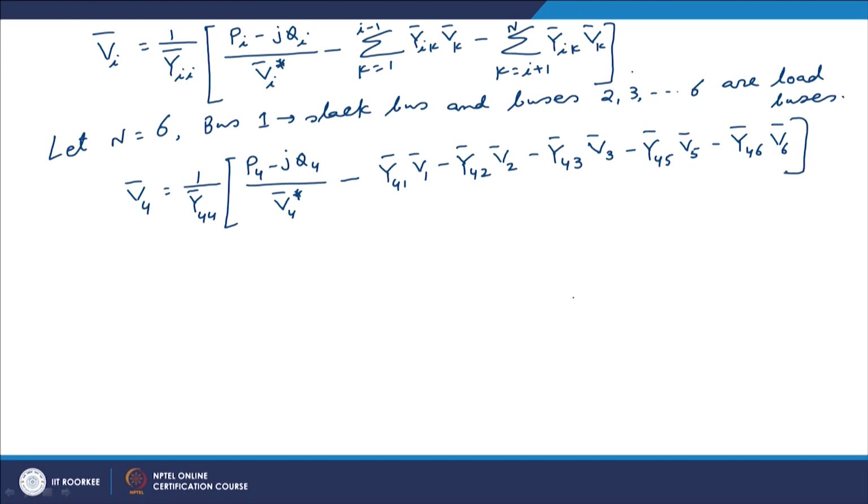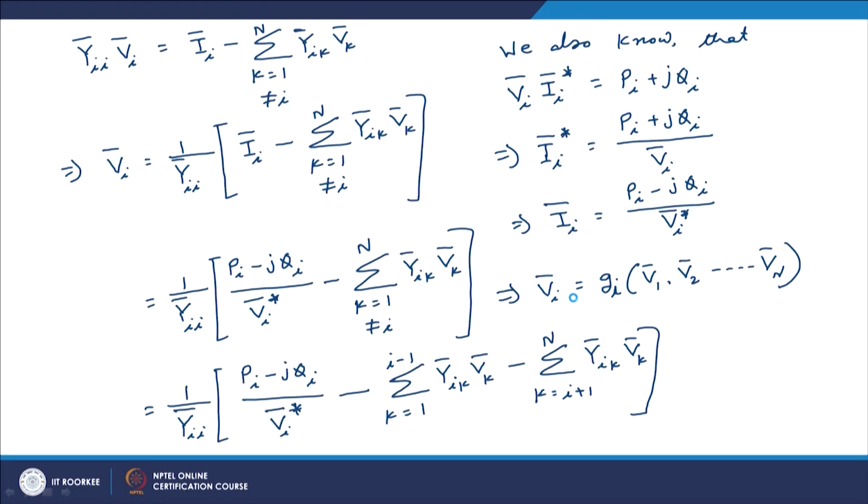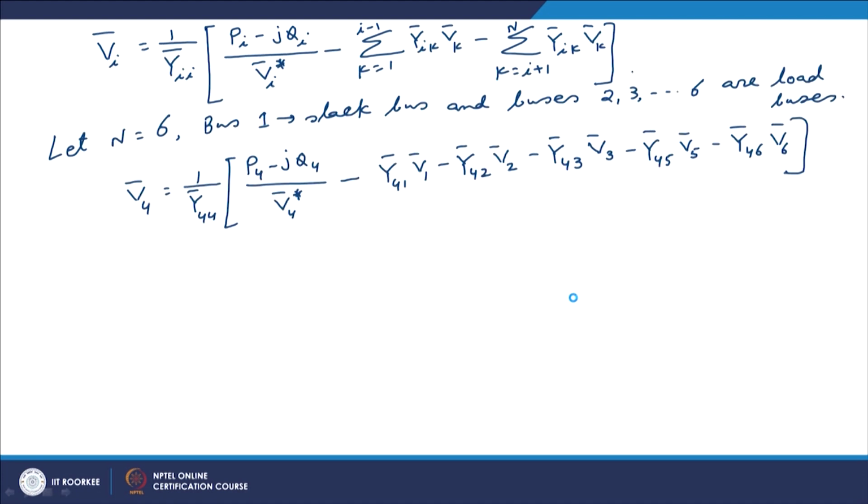So, this equation we have written following this expression. Now, we take 1 by Y44 times (P4 minus jQ4) by V4 star.